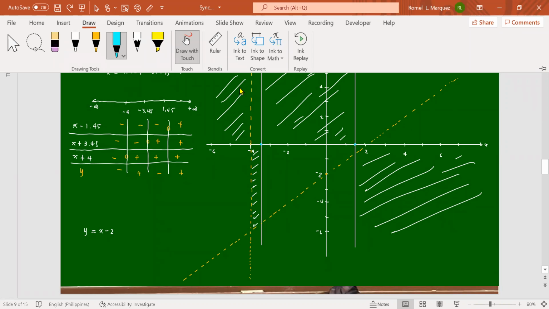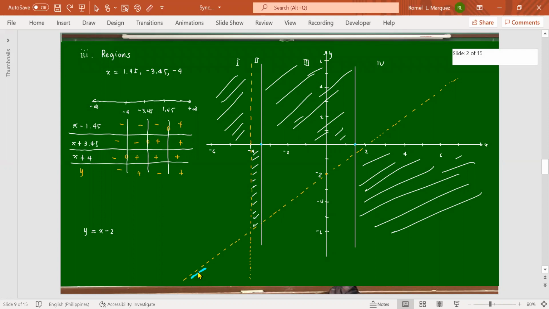Hindi dapat siya pumunta sa taas dahil wala na dito. Ganito siya, guys. Asymptotic dyan. Tapos gaganto na yan. Pero approximate lang yan, ha? Hindi natin alam kung dito ba o dito, unless you assign a point. Is that clear, children? Yes po.